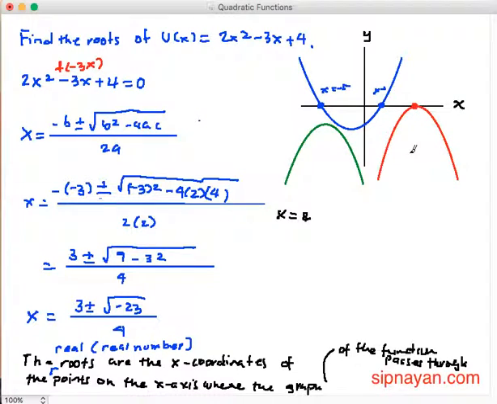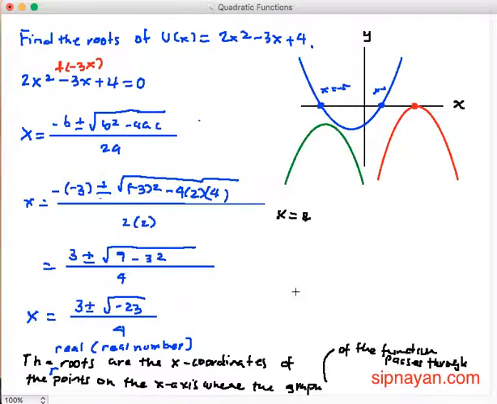If one real root, one intersection. And if there are no real roots, meaning the roots are complex numbers, then there is no intersection with the x-axis.